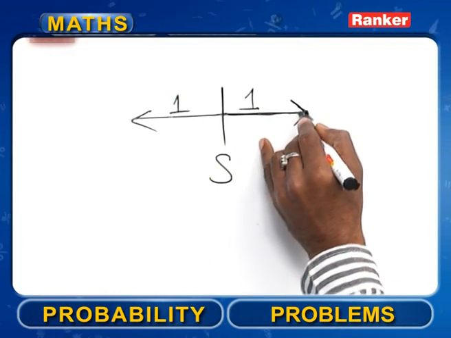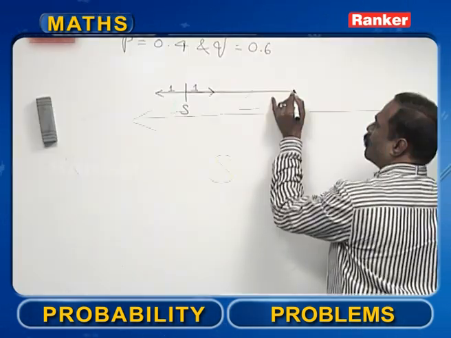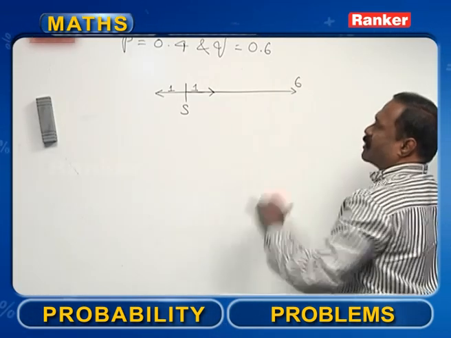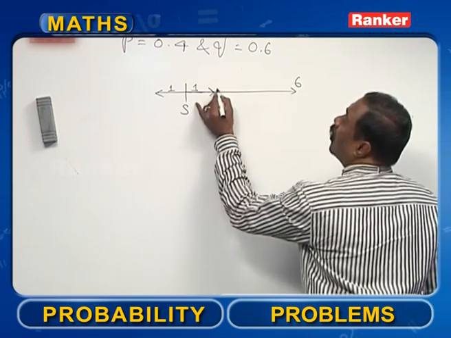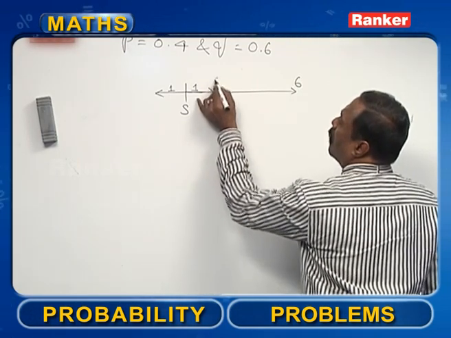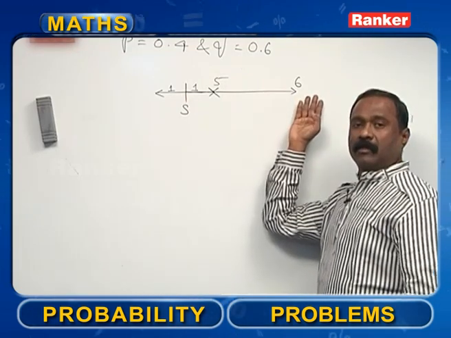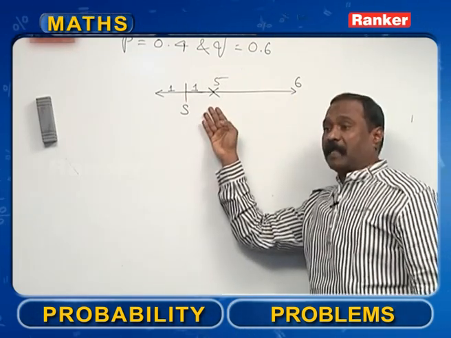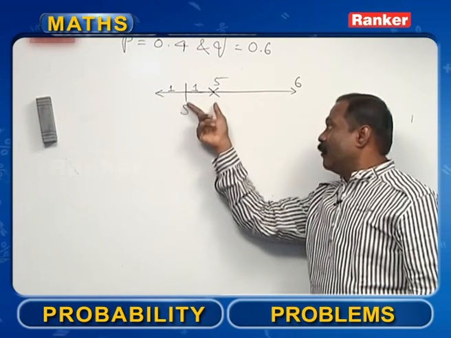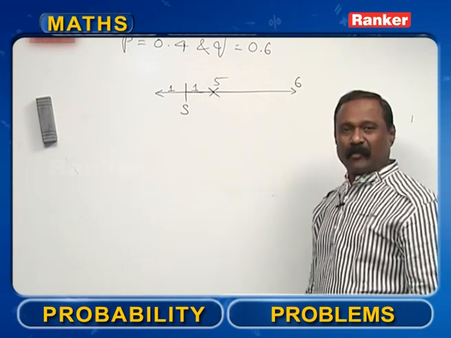This is possible only when he takes 6 forward steps and 5 backward steps. Then he will be 1 step away from the starting point.